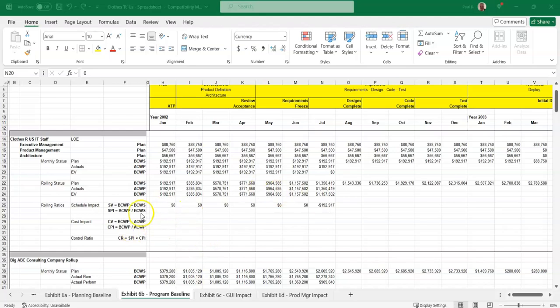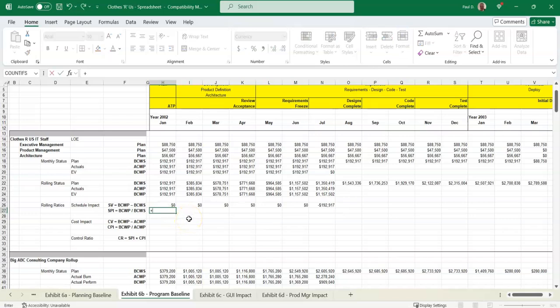So then we come down and we do the SPI calculation of BCWP divided by BCWS. That's basically earned value divided by the plan. So schedule variance is earned value minus the plan, and SPI is earned value divided by the plan.